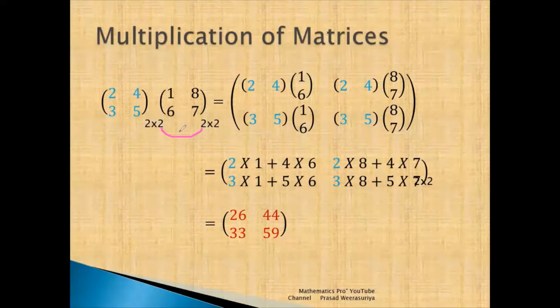If so, then you can multiply these two matrices. Then the resultant matrix will be given by the ending number and the starting number. It is 2 by 2. Therefore, the resultant matrix should be 2 by 2.